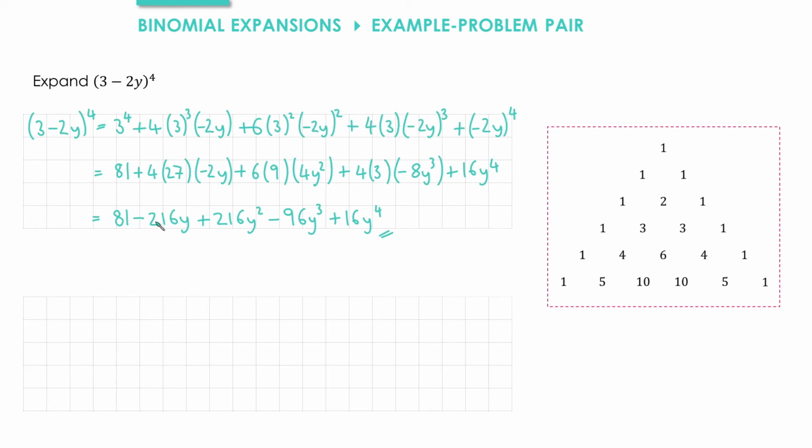And notice on this last line here, whenever you have a negative term in here, what you'll find is that sometimes when you've got an even power like squared or to the power of 4, that minus sign may cancel out, because here, for example, we did minus 2 squared and got 4. And the consequence is that the terms alternate in signs. We've got a positive, negative, positive, negative, positive. And so that's something to look out for if you've got a minus sign in here. Look out for these alternating terms.